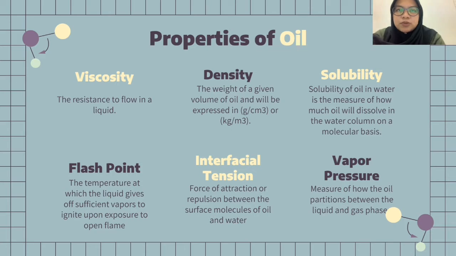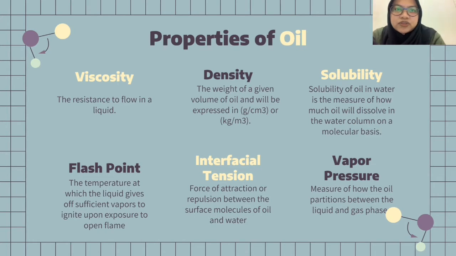The next property is the solubility. The solubility of oil in water is the measure of how much oil will dissolve in the water column on a molecular basis. Next is the flash point, which is the temperature at which the liquid gives off sufficient vapors to ignite upon exposure to open flame.